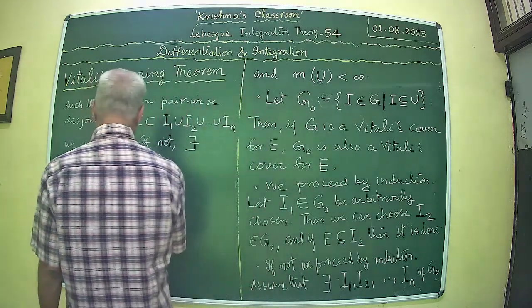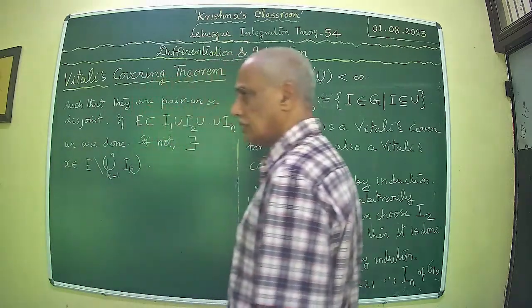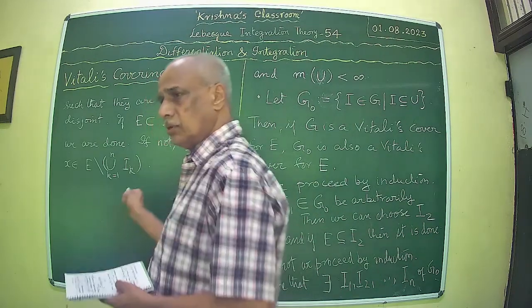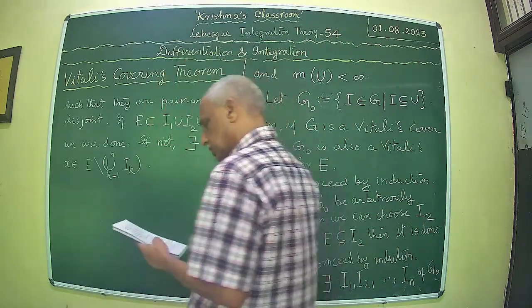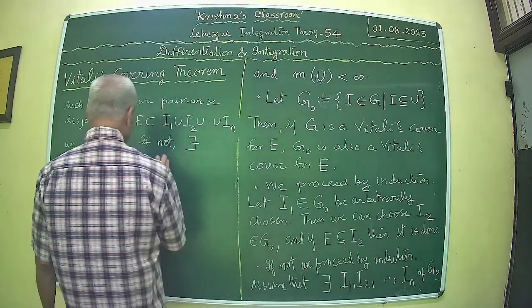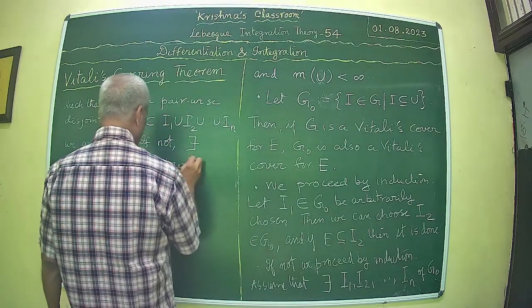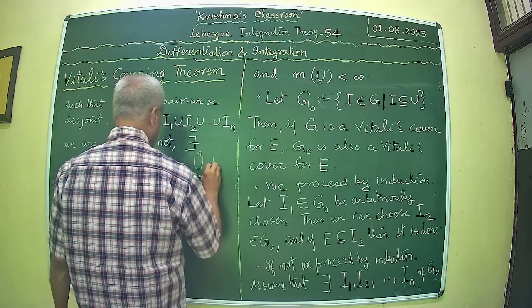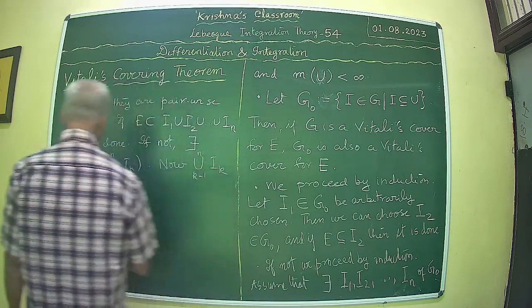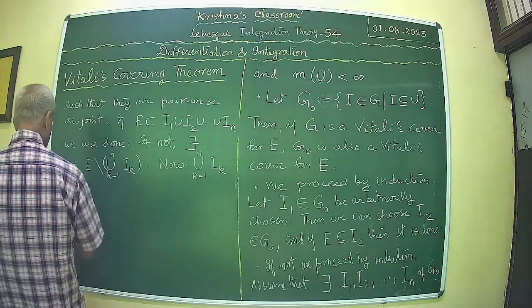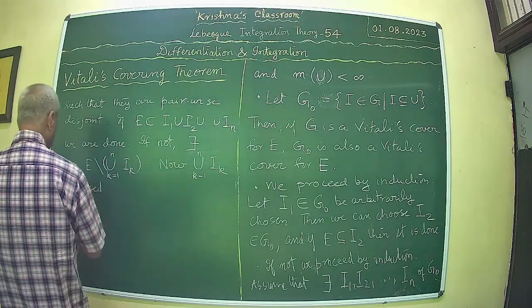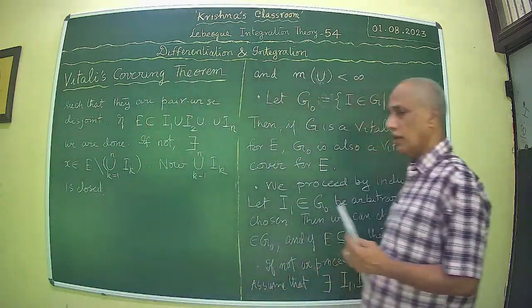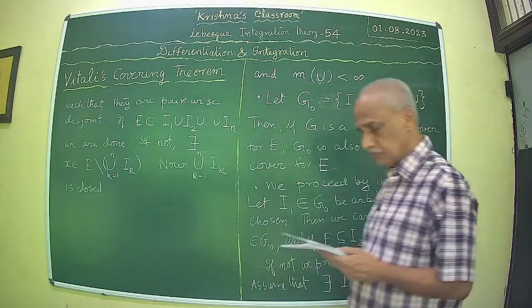Now we have assumed that all these Ik are closed intervals. It's a finite union of closed intervals, therefore it is closed.